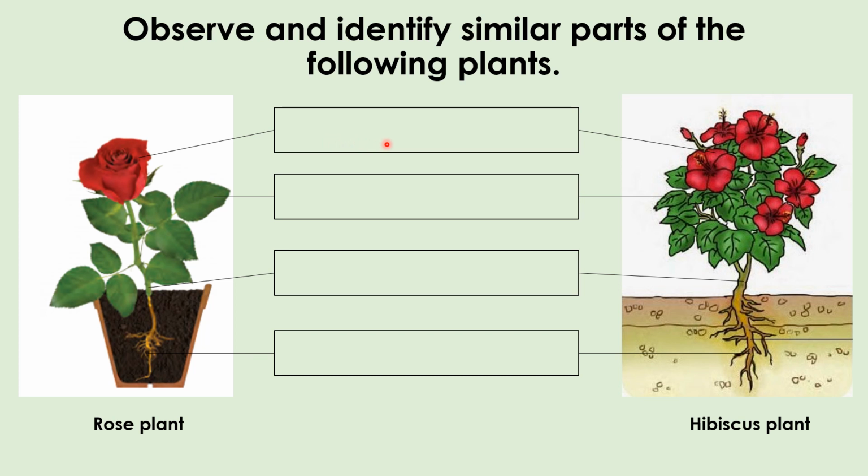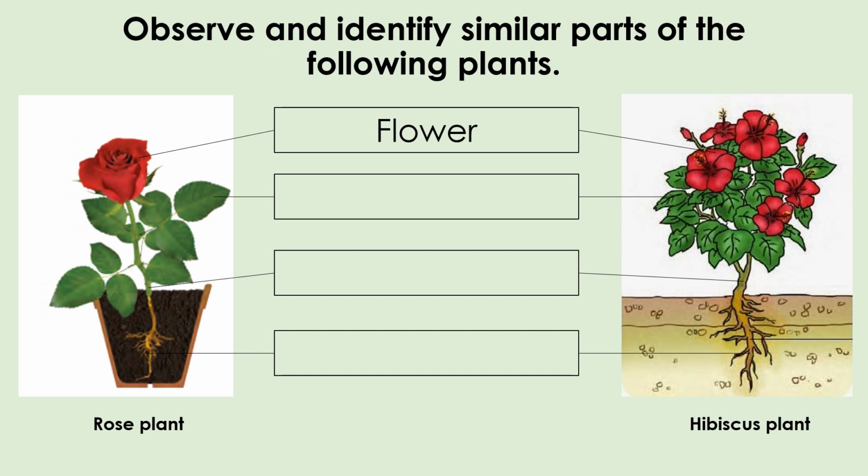So, we write flower here. We write the flower in this box and the box is connected with a line to a rose flower and a line to a hibiscus flower.